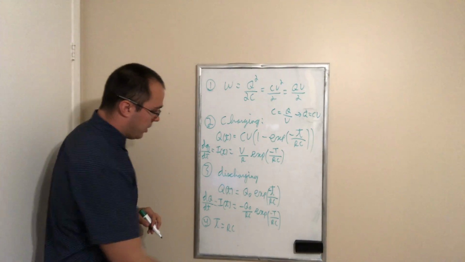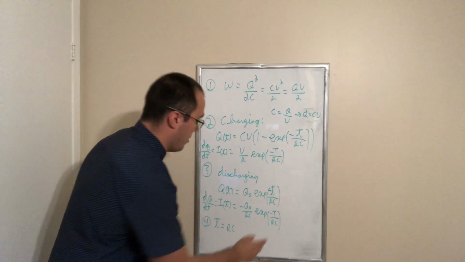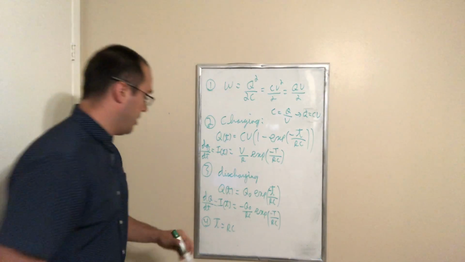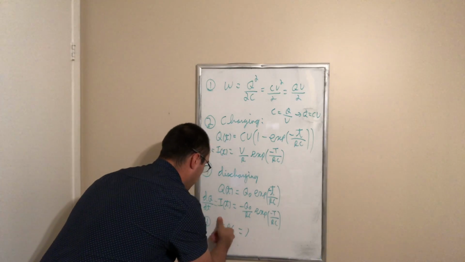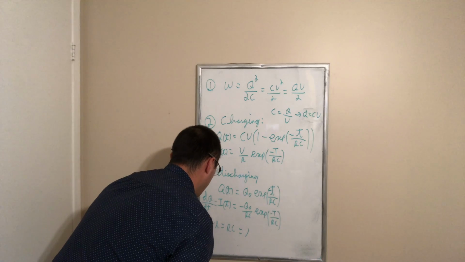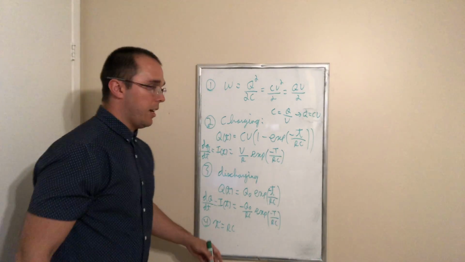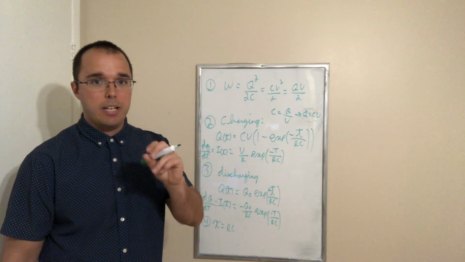Now, note this term over here, the term RC, is called a time constant. And we use the letter tau, actually it's not T, it's tau. Basically it's the time it takes to discharge the capacitor, or charge the capacitor, by 36.8%.